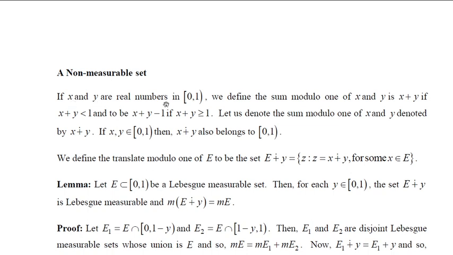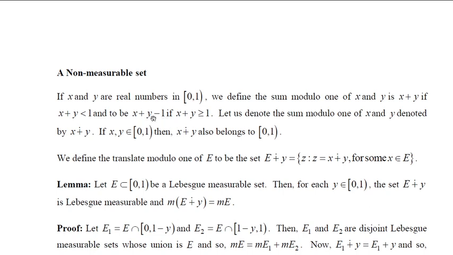For two real numbers x and y in the semi-open set [0, 1), we define the sum modulo 1 of x and y as x plus y if their sum is less than 1, and if their sum is greater than or equal to 1, then it is x plus y minus 1.